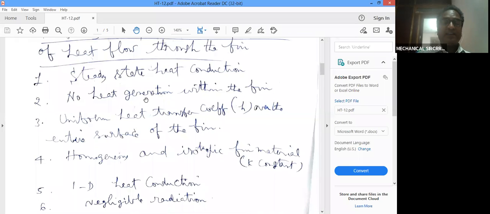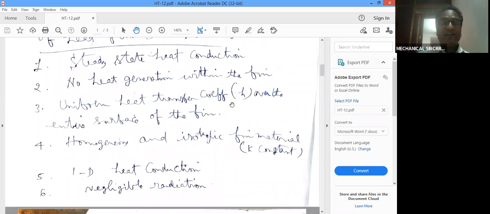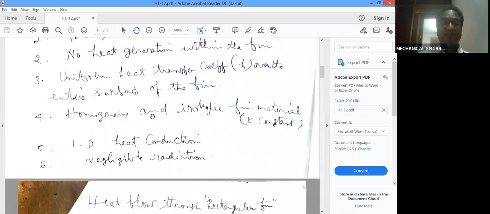And uniform heat transfer coefficient H for the entire surface of the fin. So H is uniform throughout the fin. Entire surface of the fin, heat transfer coefficient H is uniform, and the material is homogeneous and isotropic.